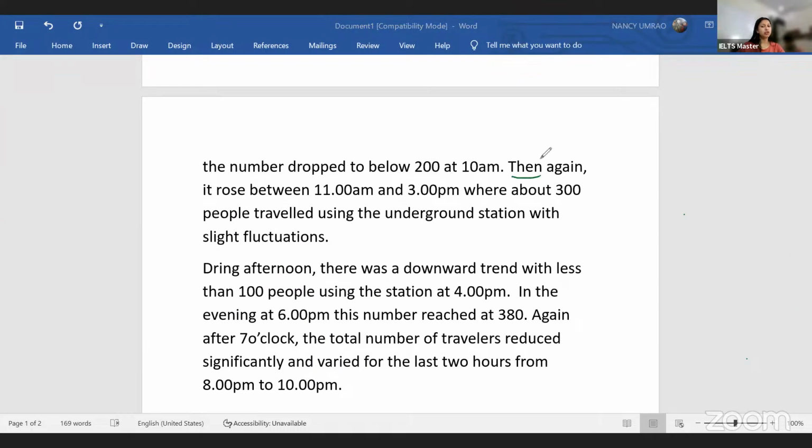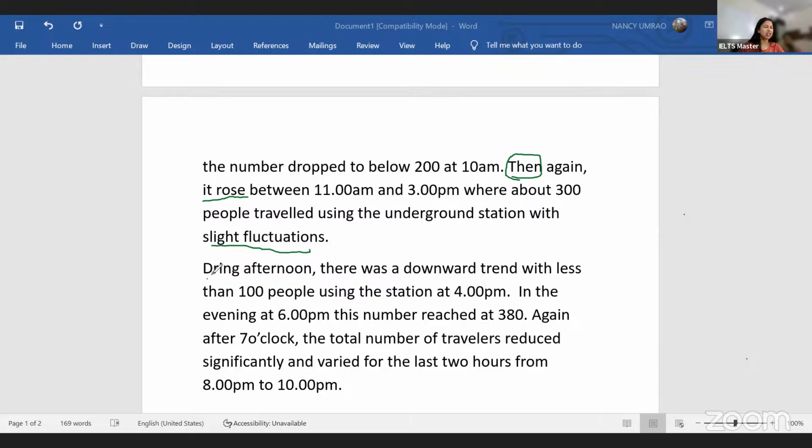Then make sure you use proper connectors. Then again, it rose, simple past, between 11 and 3 p.m., where about 300 people traveled using the underground station with slight fluctuation. This is important, adjective plus noun relations.